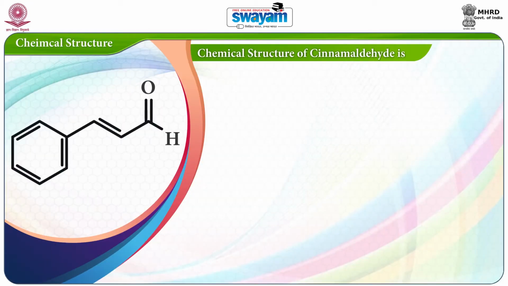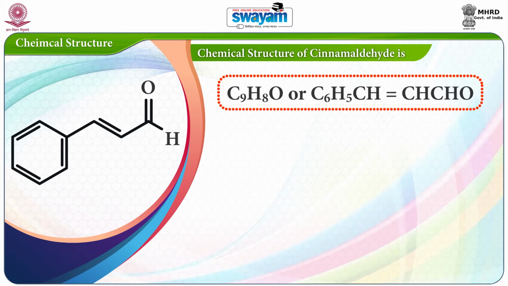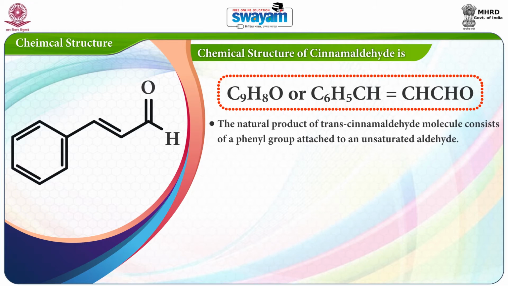Talking about the chemical structure of cinnamaldehyde, it is C9H8O or C6H5CH=CHCHO. The natural product trans-cinnamaldehyde consists of a phenyl group attached to an unsaturated aldehyde.